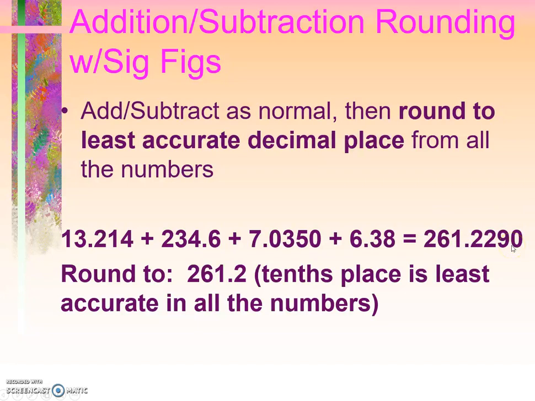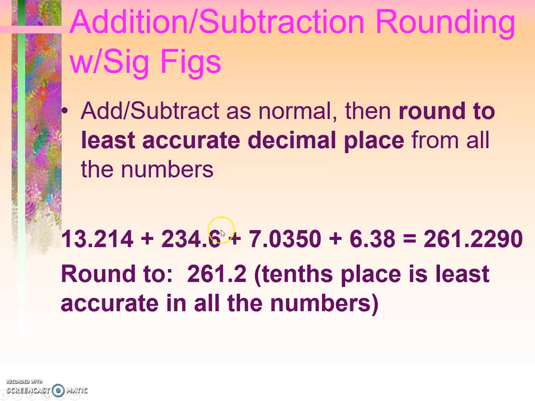261.2290. And if we want to round this to the appropriate number of significant digits, we look at all of these numbers that we added together, and we look at which one has the least accurate decimal place. So if I look at all of these numbers, the least accurate decimal place is this tenths place, which is the 234.6 number.